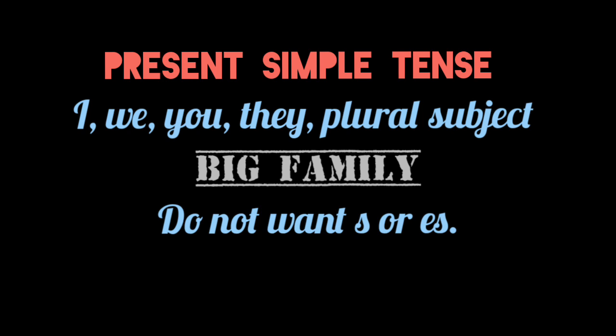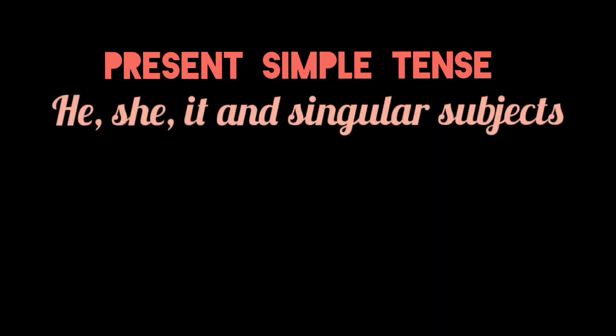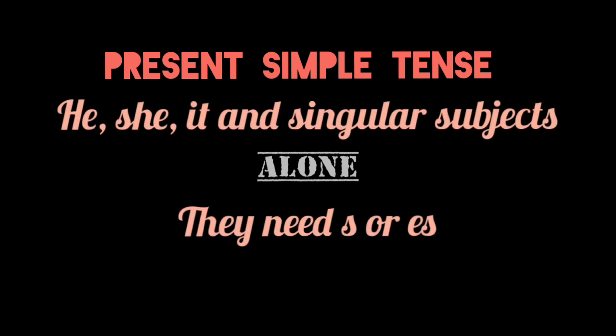Now, we will come to the pronouns he, she, it and singular subjects. They are alone. As he जो है वो अकेला है, she जो है वो अकेली है, it जो है वो अकेला है. Means they are alone. And singular subjects are also alone. Therefore, they need company. So, they welcome S or ES. Therefore, we use S or ES with these nouns or pronouns.